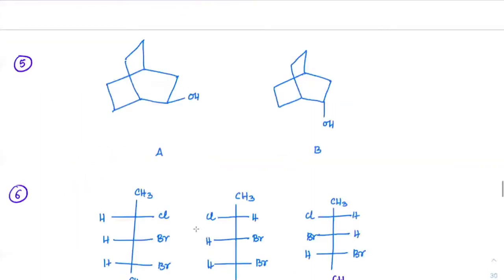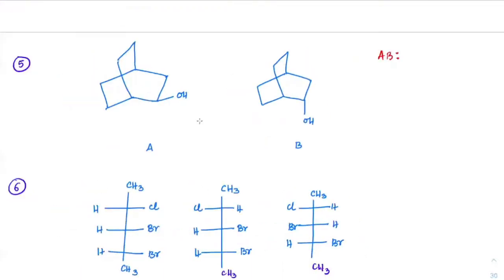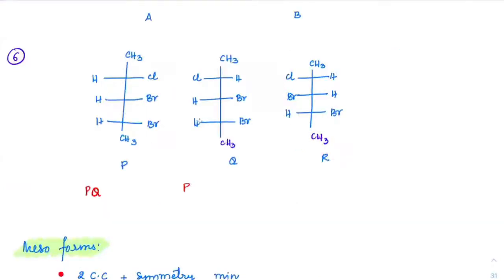Come to the next question now. A and B. Tell me the relation between A and B. Fast. We have to do these questions as soon as we can. Here OH is going up, OH is coming down here. So configuration will change with respect to this. But are there any other chiral centers? This is also a chiral center. This is also a chiral center.